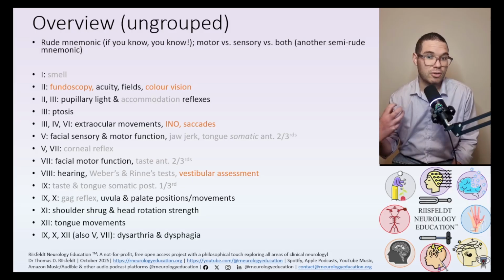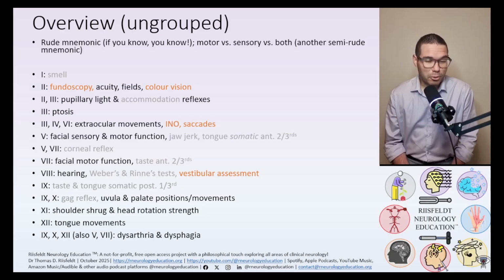And the first letter of each of those words starts with either an M, an S, or a B. M is for motor, S is for sensory, and B is for both. And the slightly ruder version of the mnemonic is exactly the same, although it substitutes brain for a different body part that also starts with B, and you can use your imagination there.